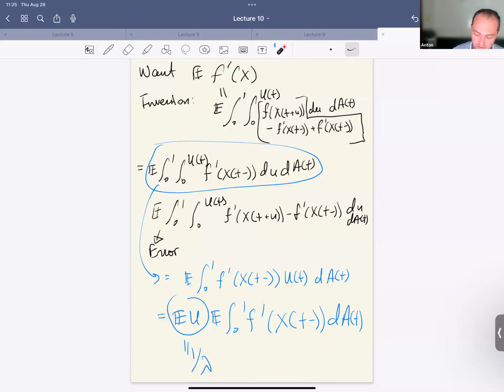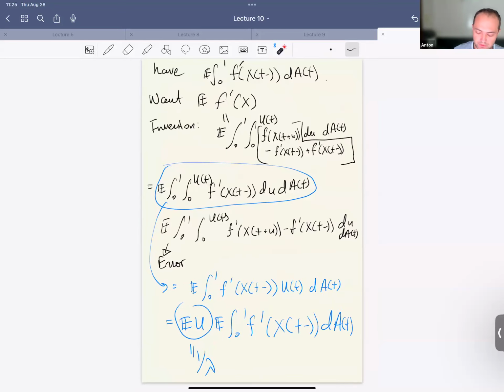Great. And plus an error term. So long story short, we need to multiply both sides by lambda. We can replace it by lambda times the time average expectation, as long as we can control the error somehow. We can make this replacement.